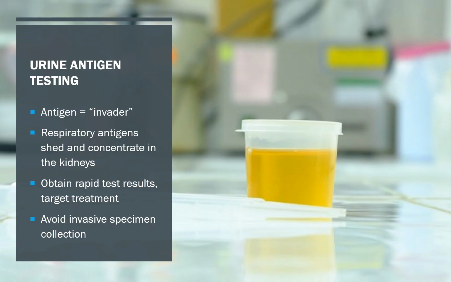They use this by capitalizing on the concentration of shed antigen from the variety of pathogens in the kidneys for excretion to the urine. So urinary antigen testing can be used to obtain rapid test results related to respiratory infection.